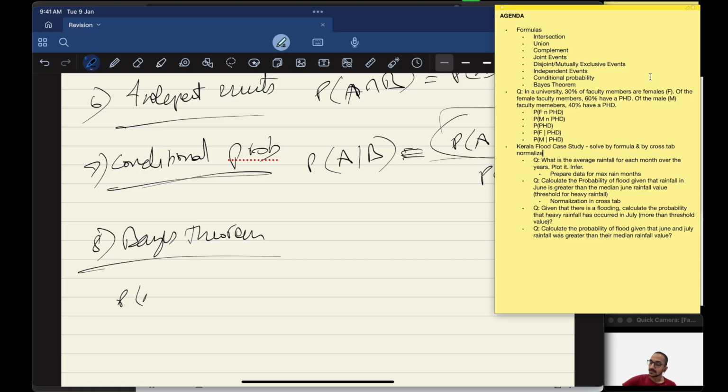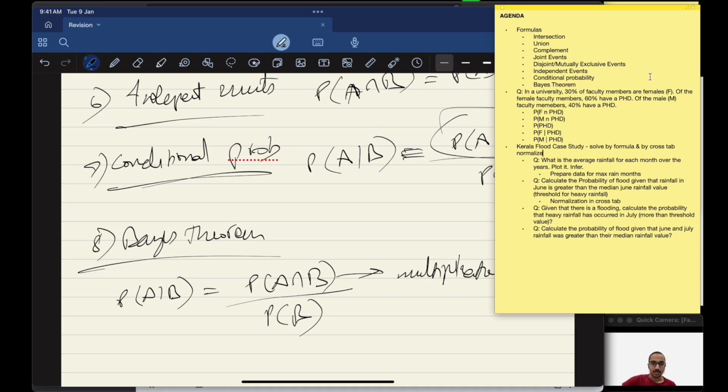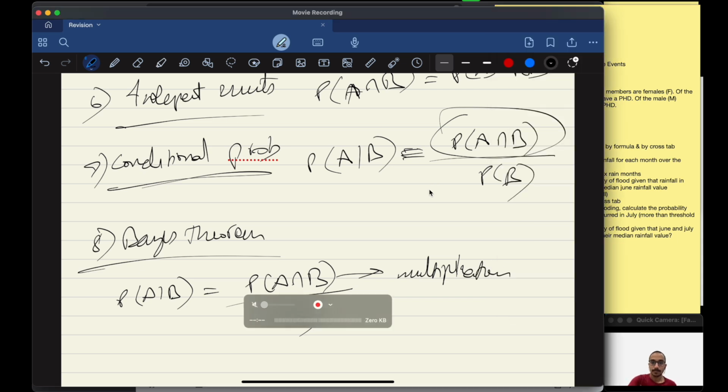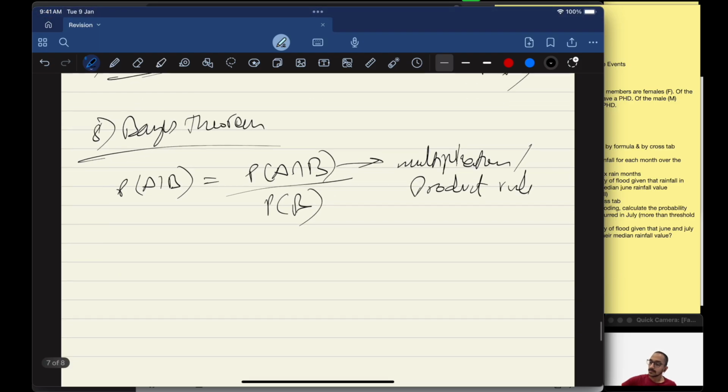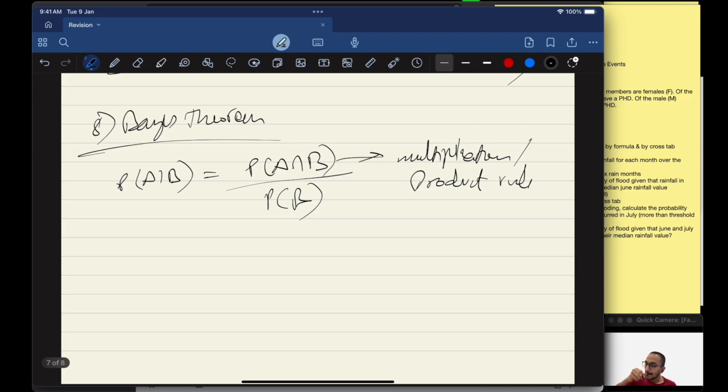So we say P of A given B, we have our standard conditional probability. So we use the multiplication or product rule here.